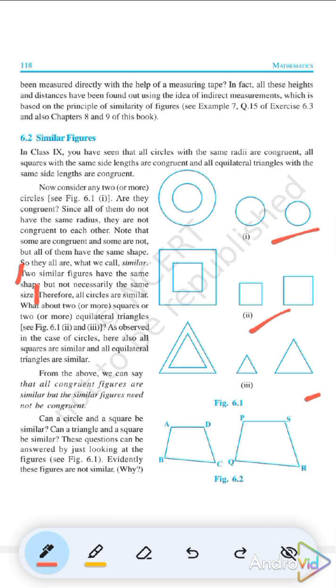So from these figures we can conclude that all congruent figures are similar, but similar figures need not be congruent. It's a very important point. Please take a note. Please make a note of it.